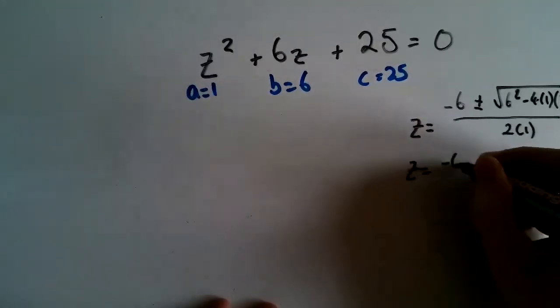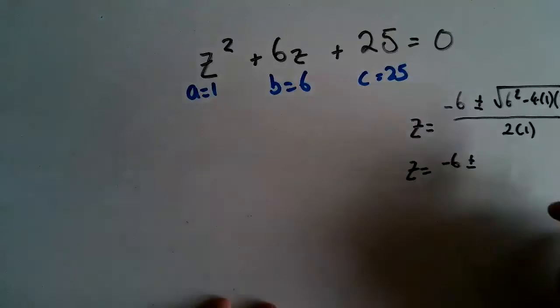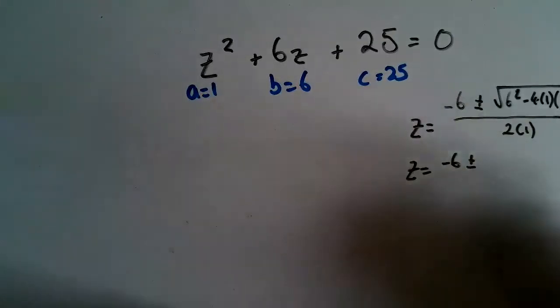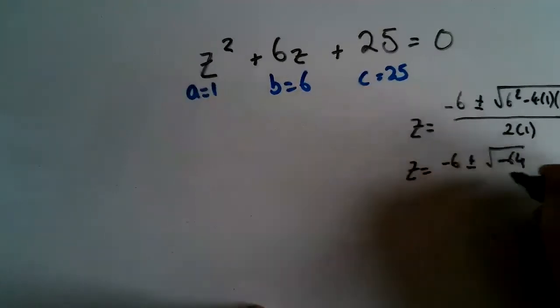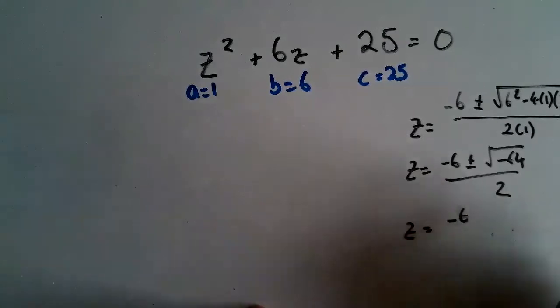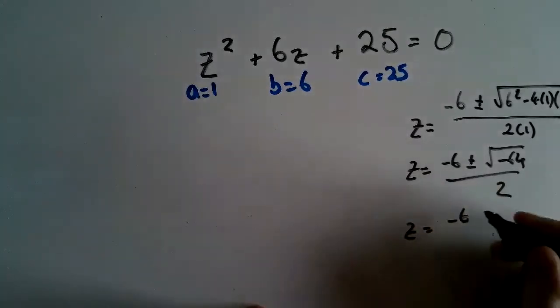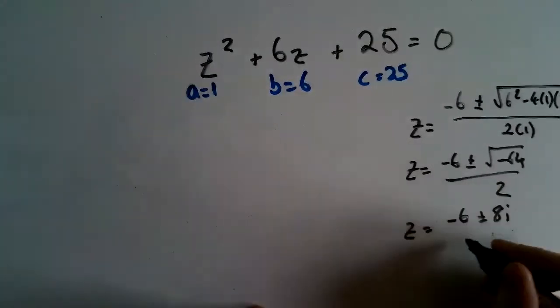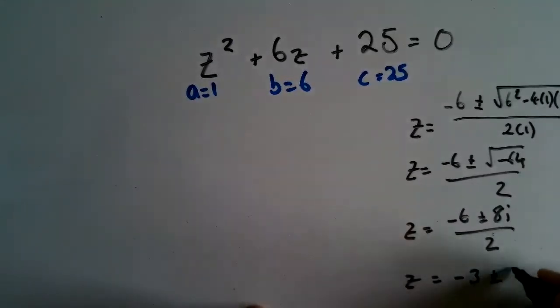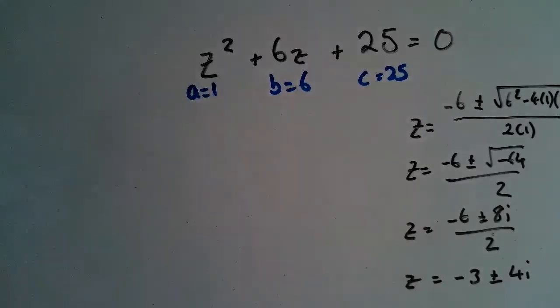So z equals minus 6 plus or minus 36 take away 100, which is minus 64, over 2. We know root 64 is 8, so it's plus or minus 8i divided by 2, which gives us minus 3 plus or minus 4i. So that's how I can do it using the formula.